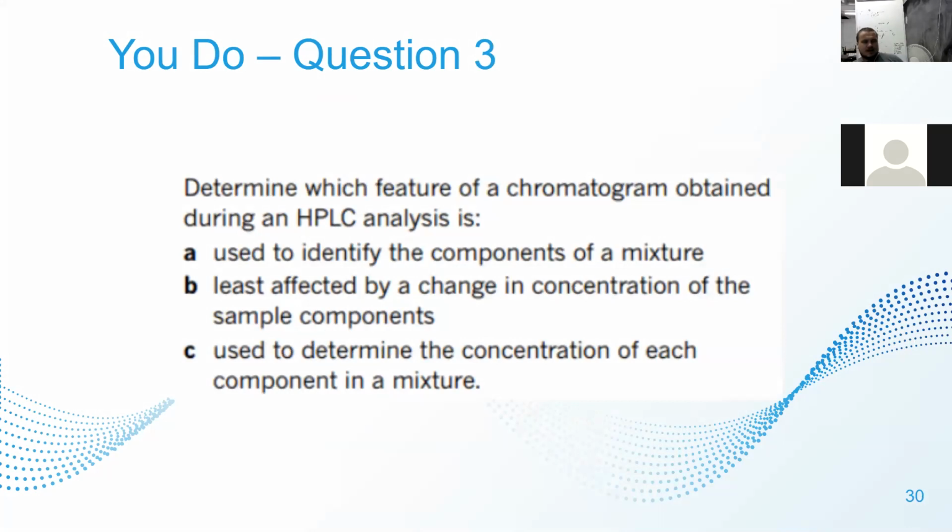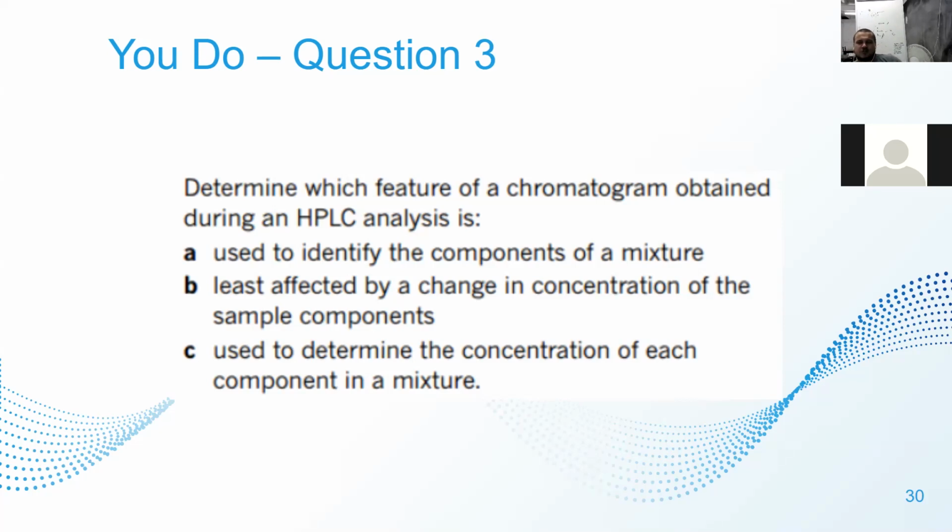Okay, so looking at HPLC, which part of the chromatogram, so you've got the time, then you've got the height of the peak, which is used to identify the components. Is it the time or the height of the peak? Kai says the time. Kai would be correct.